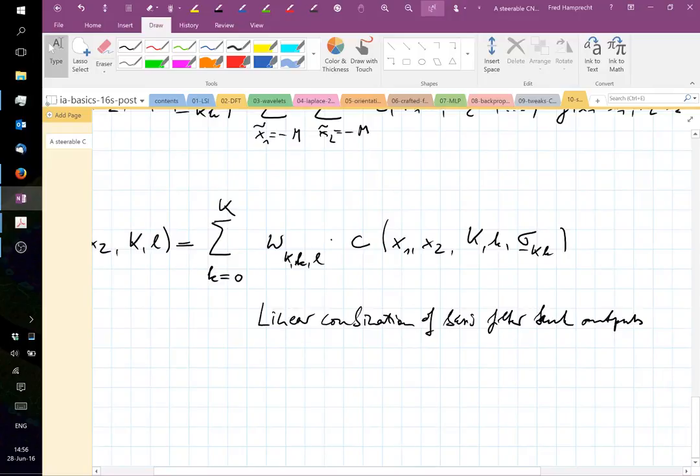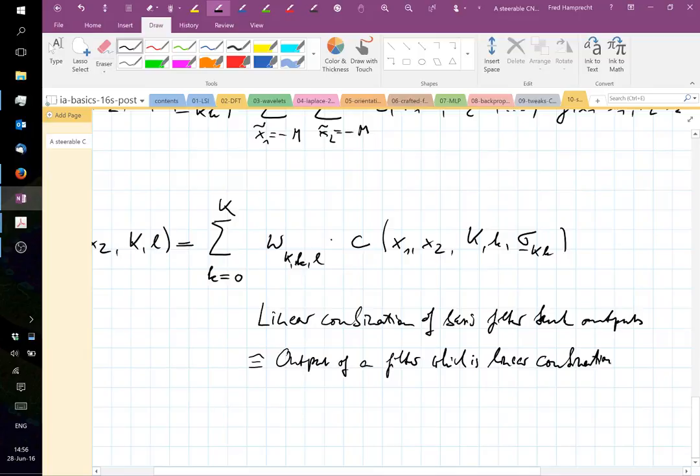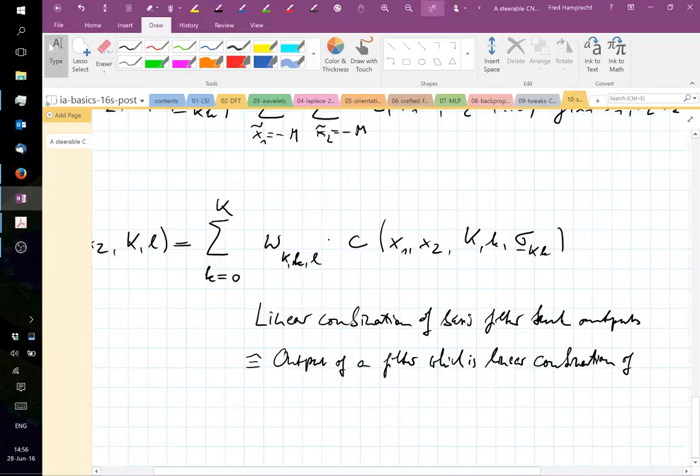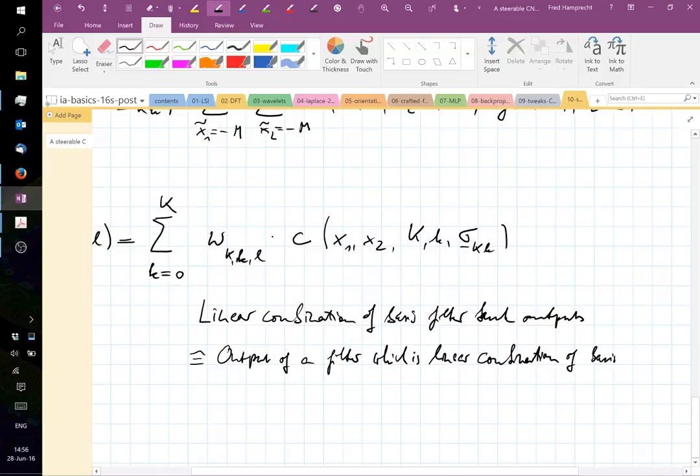And because convolution is a linear operation, this is the same as the output of a filter which is a linear combination of the basis filters with the same weights. And when I say output of a filter, I mean if I convolve this filter with the input image.